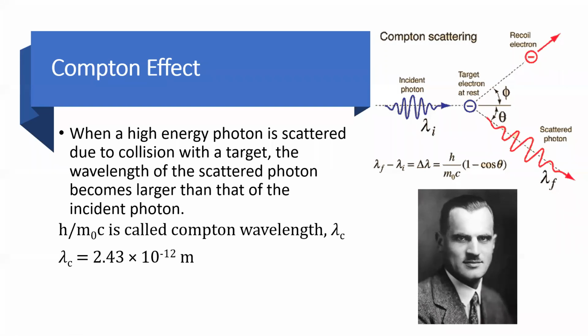You also know the relation between wavelength and frequency, right? Let Fi represent the frequency of the incident photon, and Ff represent the frequency of the scattered photon. Which will be more? If the wavelength increases, what happens to the frequency?